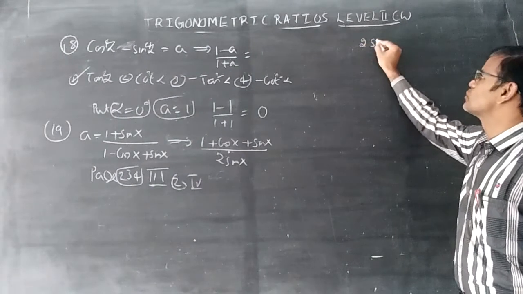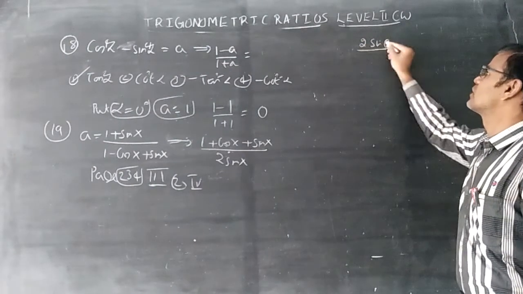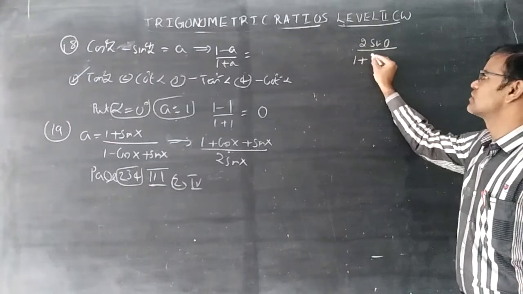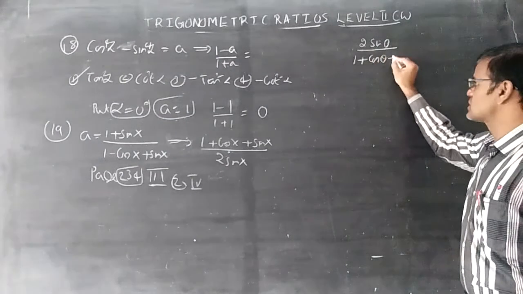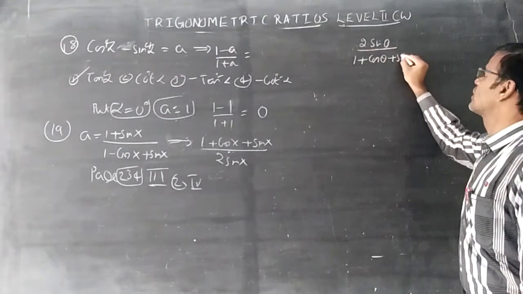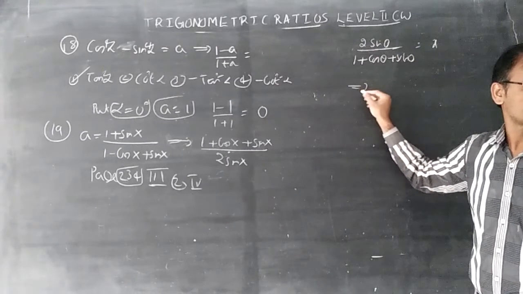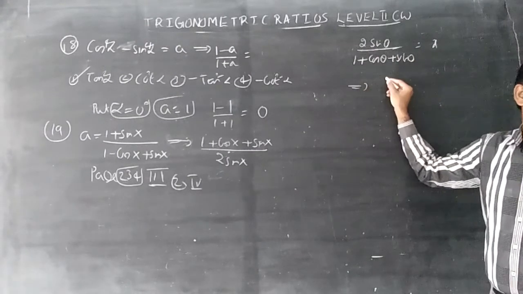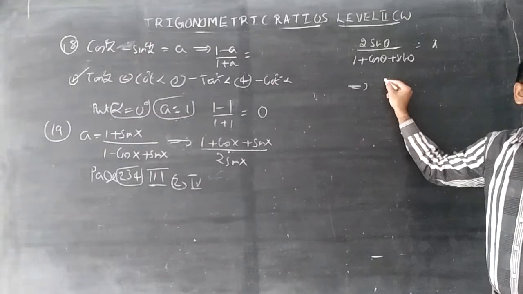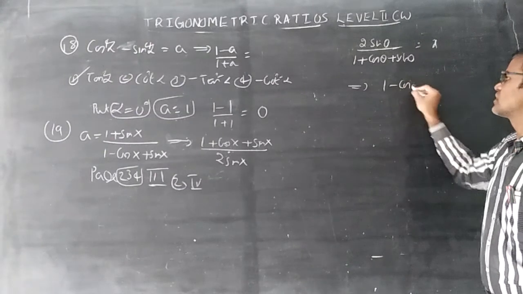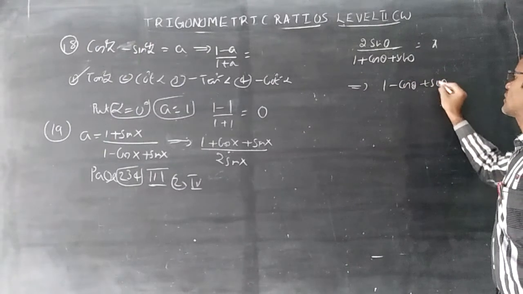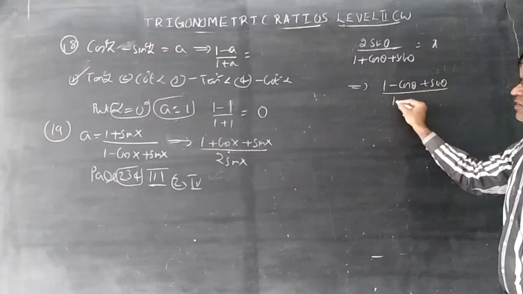Read: 2 sin theta by (1 plus cos theta plus sin theta) is equal to x. That implies find (1 minus cos theta plus sin theta) by (1 plus sin theta).